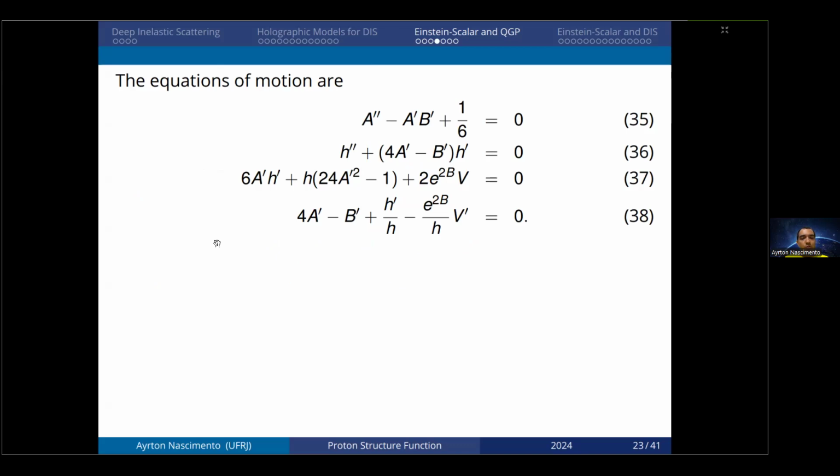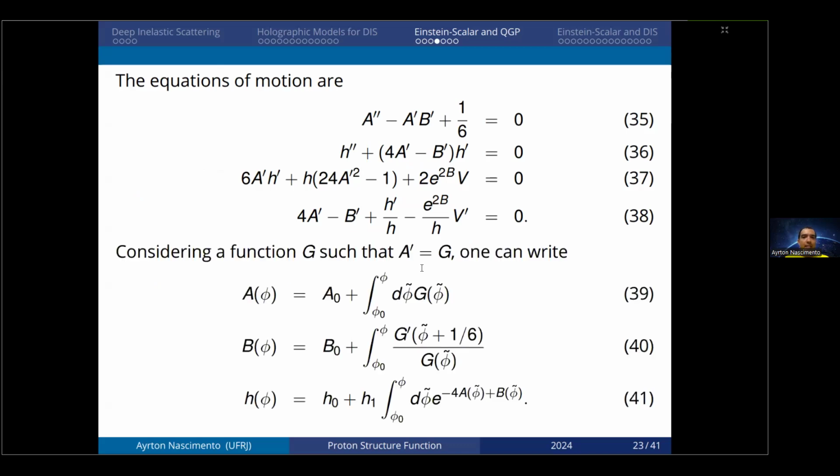What we can do in these models is to consider a function G, like A prime. With these equations, you can write down the equations for A, B, and H.